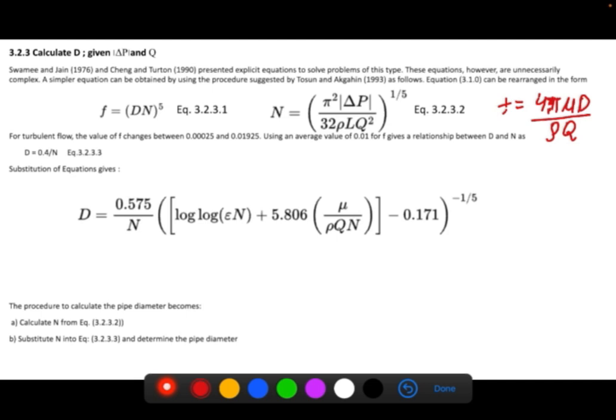For turbulent flow, the value of F changes between 0.00025 and 0.01925.